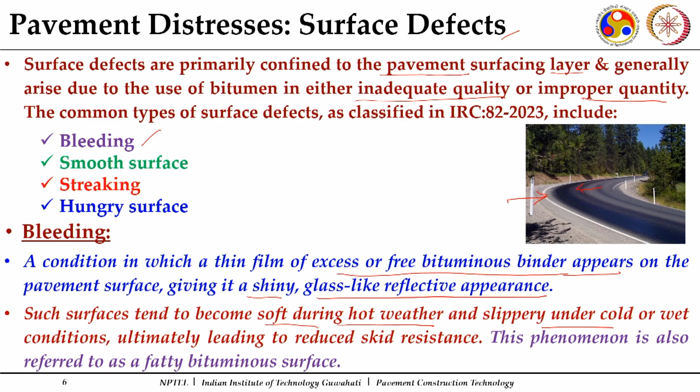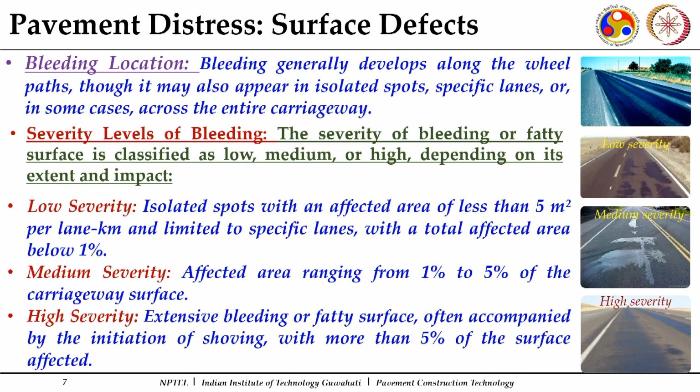That leads to loss of skid resistance. So, this raises a concern for the safety of users on this kind of surface. This phenomenon of bleeding is also known as fatty bituminous surface, because we are finding that excess binder is there on the surface.